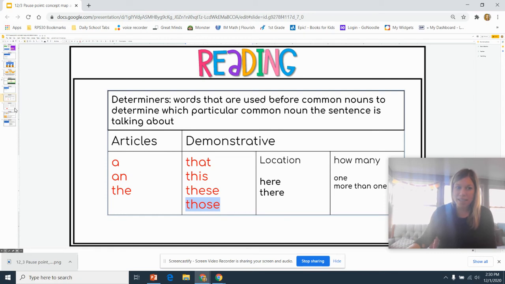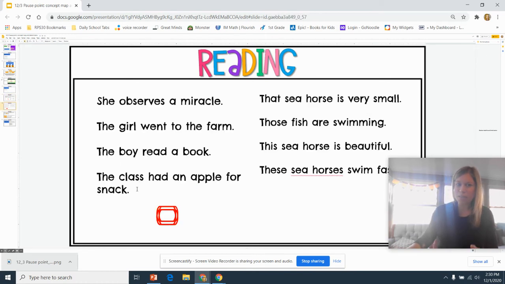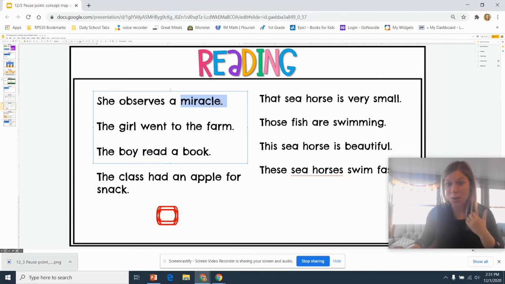So let's practice finding these determiners, the articles and the demonstratives. Let's start with the easy ones. Let's start with the articles. The first thing I have to do is find the nouns. My sentence is, she observes a miracle. The miracle, that's a thing. That would be our noun. So now I have to find the article that comes in front of the noun.